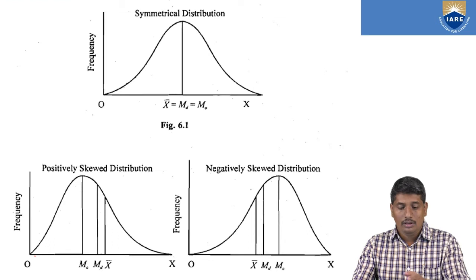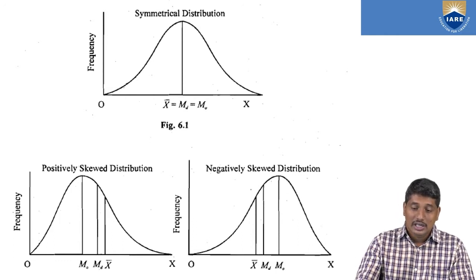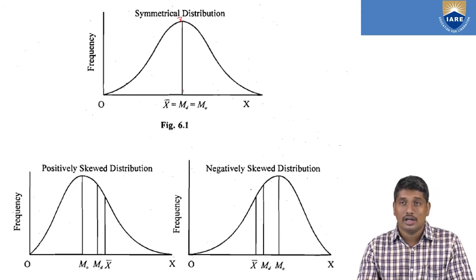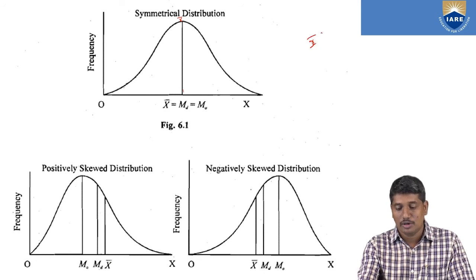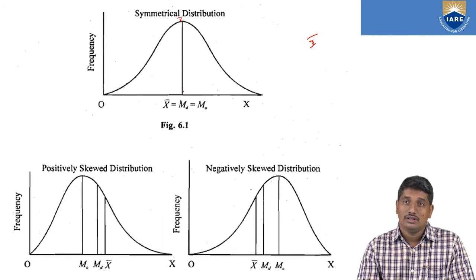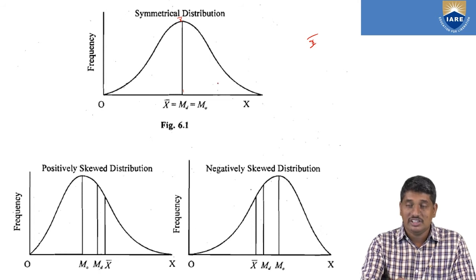Here you can see what happens in the three different cases: symmetric, positively skewed and negatively skewed. If the distribution mean is x bar, and you draw a line through x bar, then in a symmetric distribution the data will be equally spread on both sides.